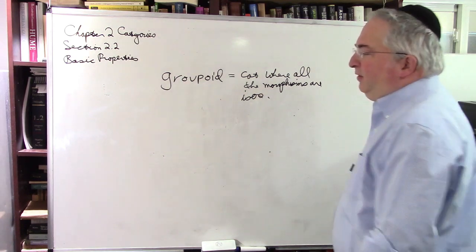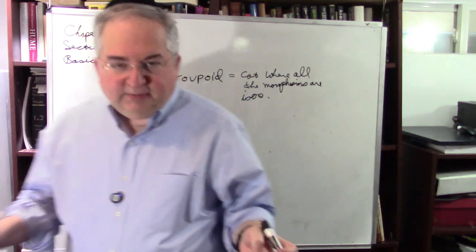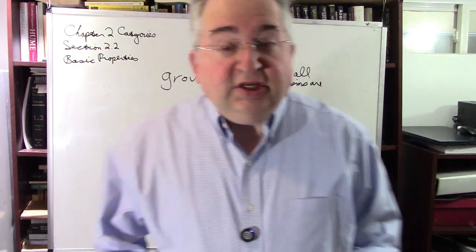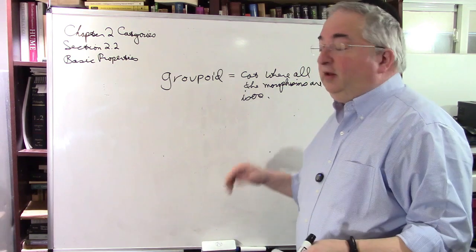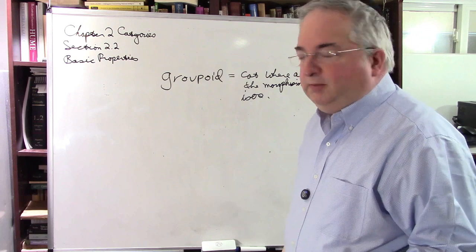All the morphisms are isos. So that's called a groupoid. You have a bunch of objects and only isomorphisms between them. These show up everywhere, and we're going to talk about them. They are a way of describing a certain type of symmetry.